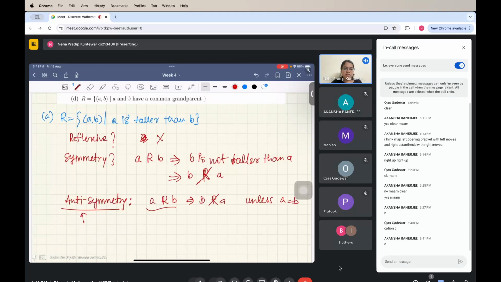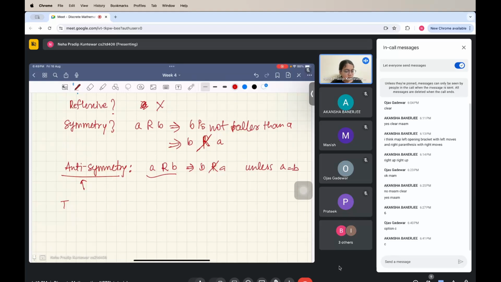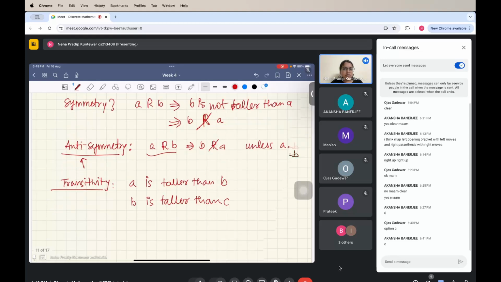Therefore, this is an antisymmetric relation. What about transitivity? Yes, it is transitive because if A is taller than B and B is taller than C, then clearly A is also taller than C.